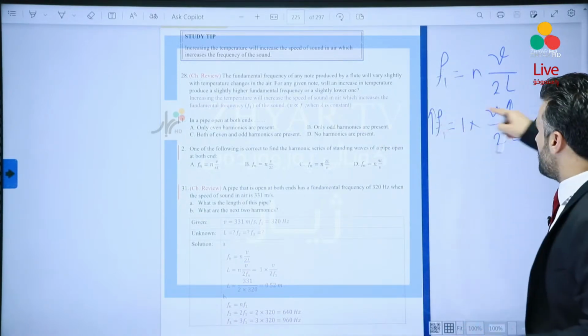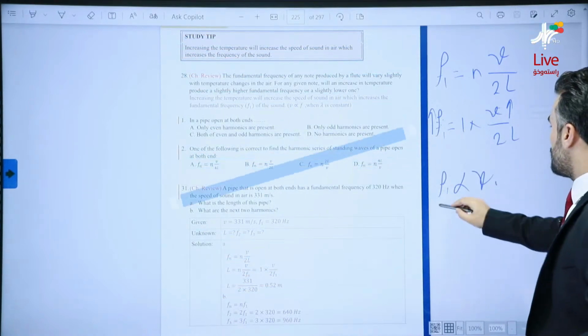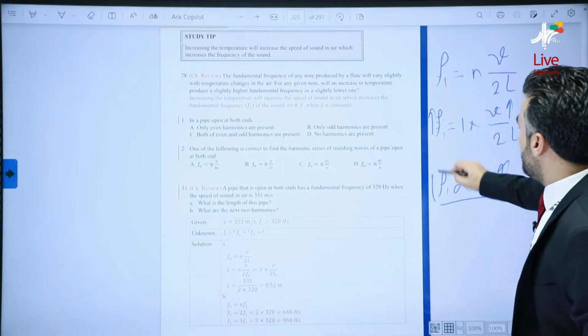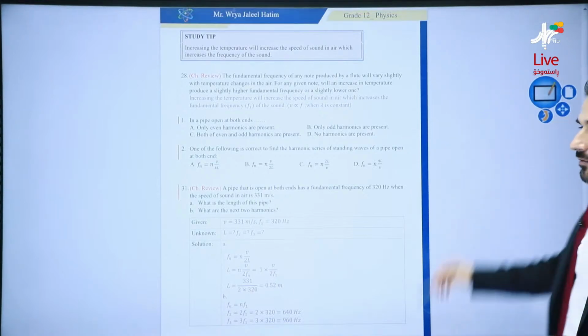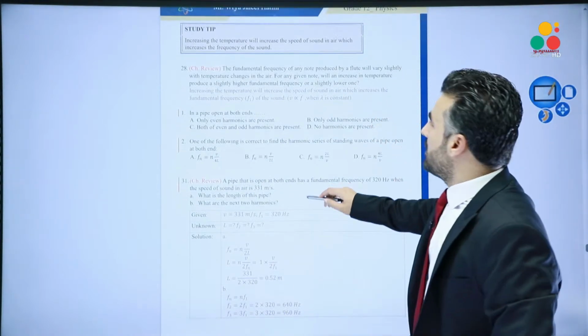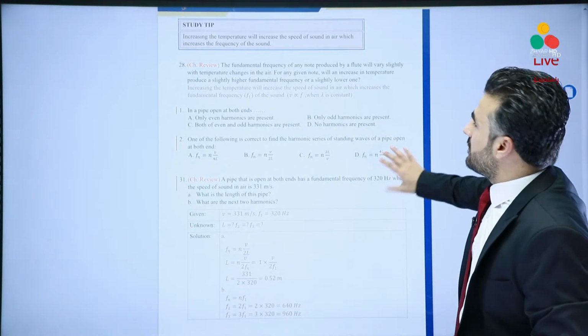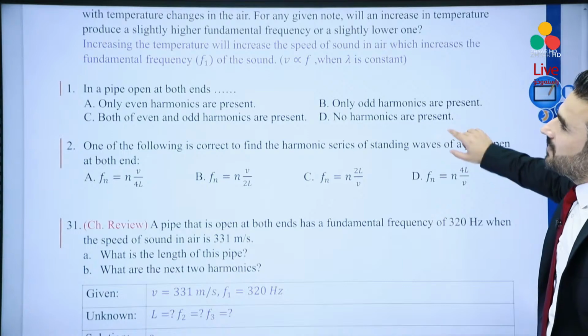Remember, the fundamental frequency and speed are directly proportional, so increasing the speed will increase the fundamental frequency. Of course, this change is very small. So to answer this, we'll say: let's zoom in a little bit.